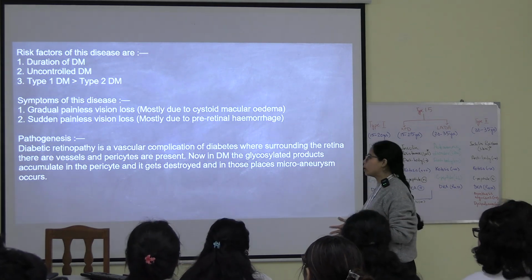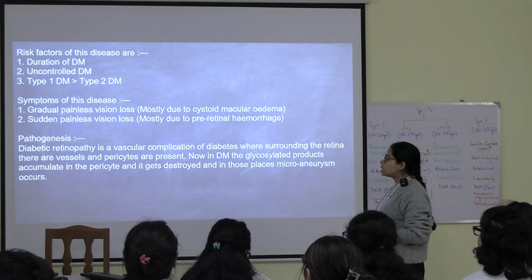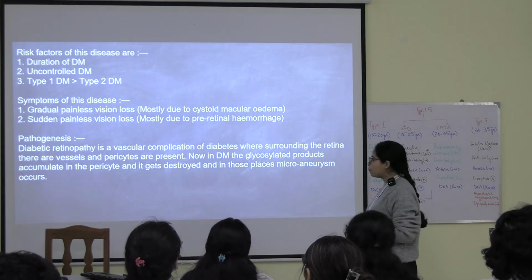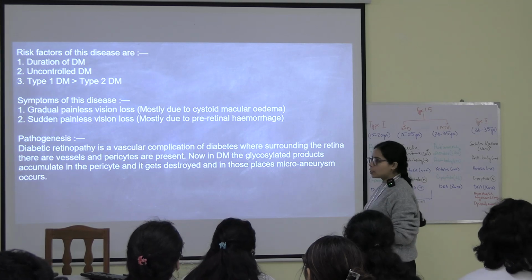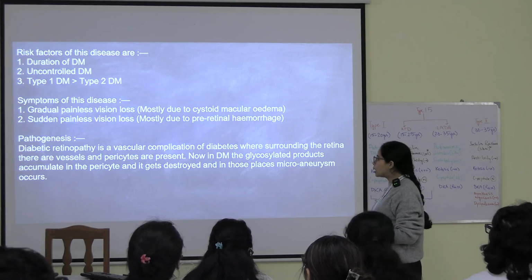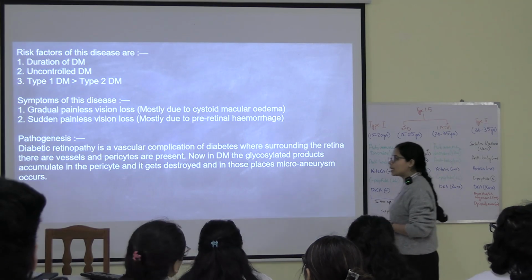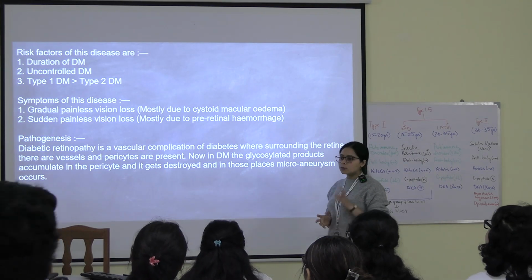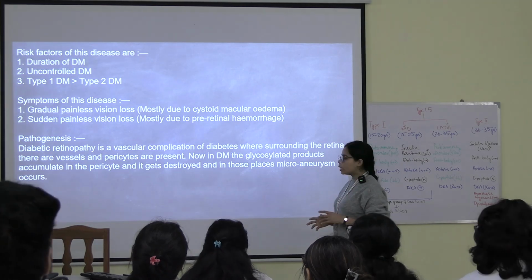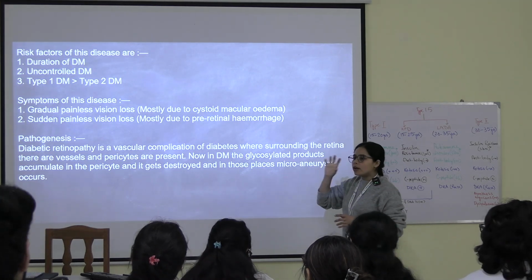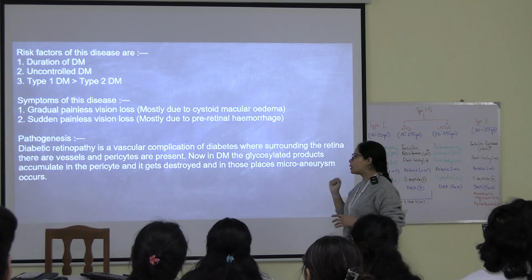Why is it happening? Diabetic retinopathy is a vascular complication of diabetes, where surrounding the retina there are vessels and pericytes. Pericytes means small cells. So surrounding our retina there are multiple vessels and small cells.